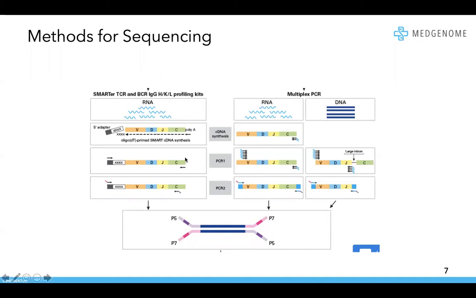Using RNA for both of these, they're not as easily quantifiable because each cell will have multiple transcripts of these TCR or BCR chain mRNA. And so you can measure relative abundance of these clonotypes, but you won't be able to tell the absolute number of cells expressing these TCR or BCR.